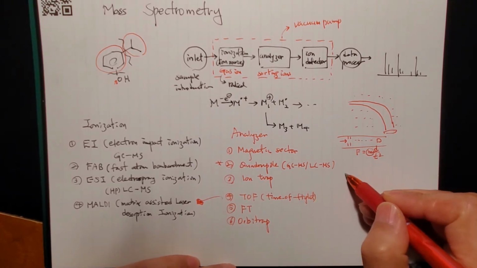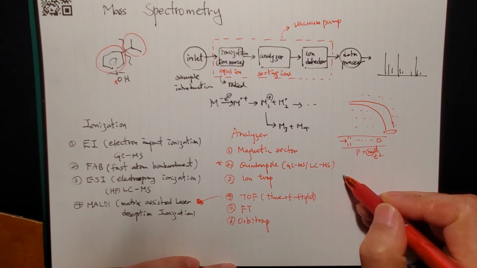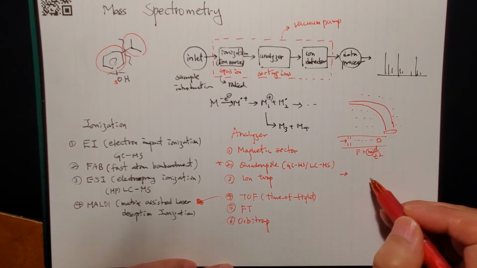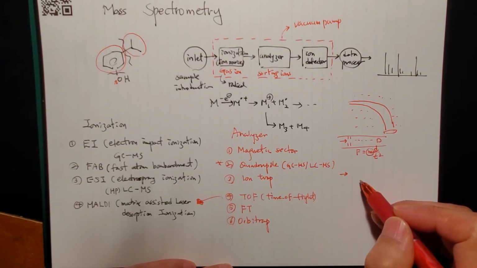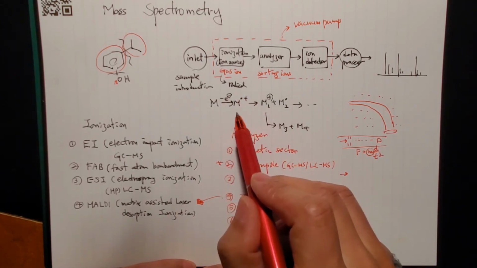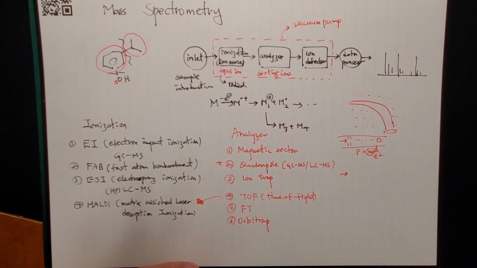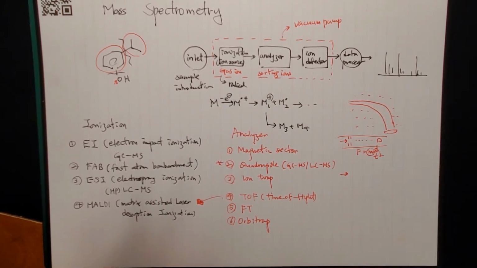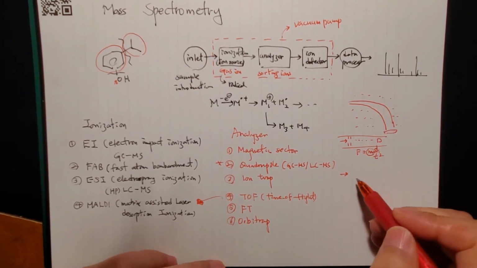From the ion source, the ionization chamber, you have various ions entering the analyzer. Some of them are the whole molecule and some are fragments, which means all types of mass come into the analyzer.